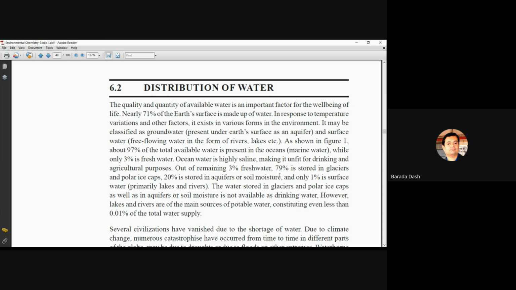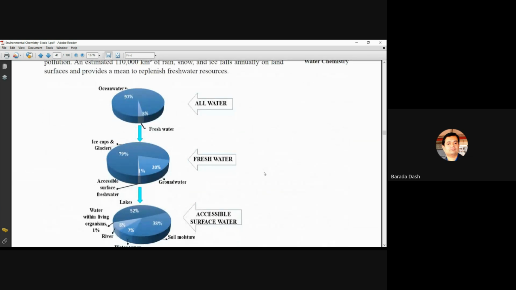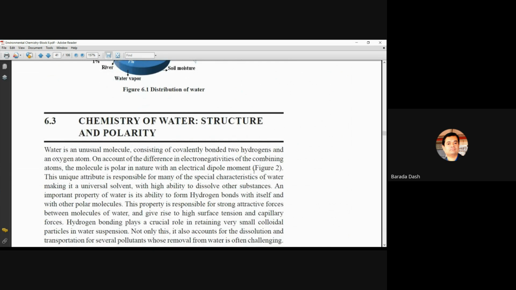Even though plenty of water is there on the earth, we have only 1% available for our activity. So we should use it very carefully, and protect it from pollution.